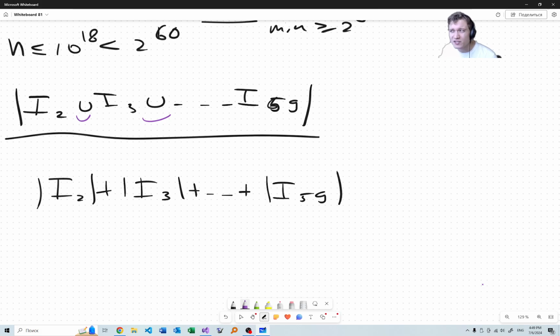Some of these sets might intersect, and usually they will. Therefore, if you have some element x which is both in I13 and in I5, then you calculate it 2 times, and actually 3 times because you also calculate it in I15. This is poor. So we need to somehow avoid it.